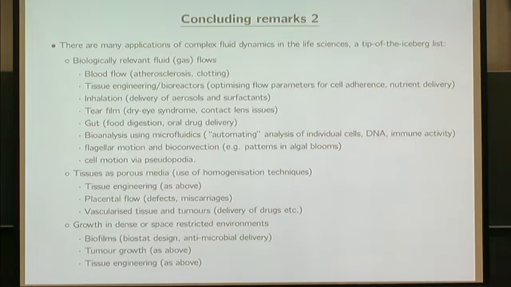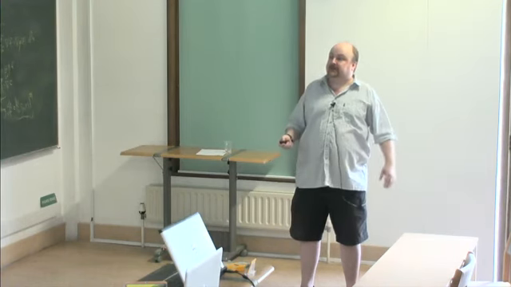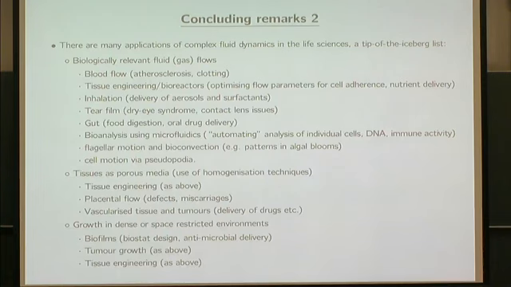And lots of people use homogenization for things like tissue engineering problems, placental flow, highly vascularized parts, and vascularized tumors. And perhaps, if you haven't seen anything like this before, you might not have thought about a dense colony growing and expanding as in fact a very similar fluid problem, like I just demonstrated with biofilms. But it's the same in tumor growth, which I've worked in, and in tissue engineering, which I'm working in as well.